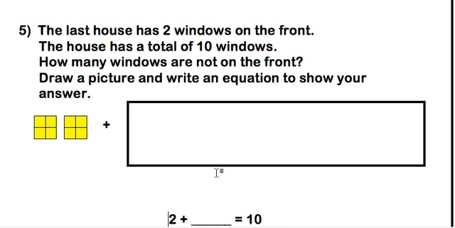But in total, you should have 10 windows. So how many more windows are there that you don't see that will equal 10 windows? So 2 and what will equal 10? Remember, we all have friends of 10. So if you know your friends of 10, it shouldn't be difficult for you. 2 and what is 10?